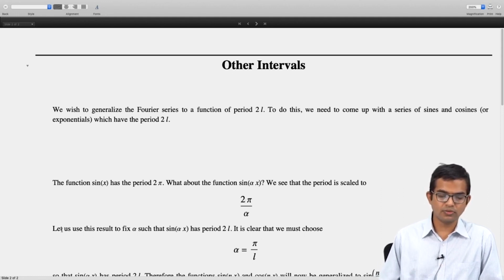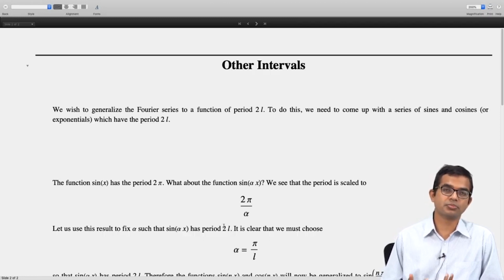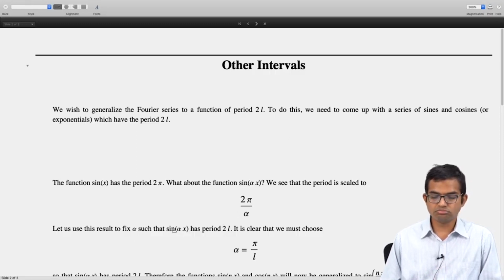So if we want the period to be 2l instead of 2 pi, then you have to fix alpha in such a way that 2 pi by alpha is equal to 2l. So alpha is equal to pi by l.